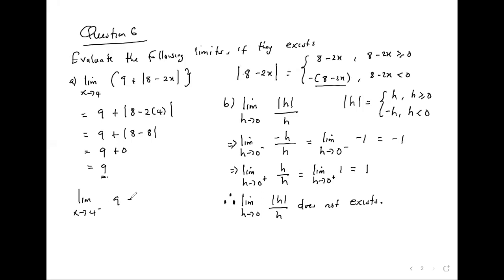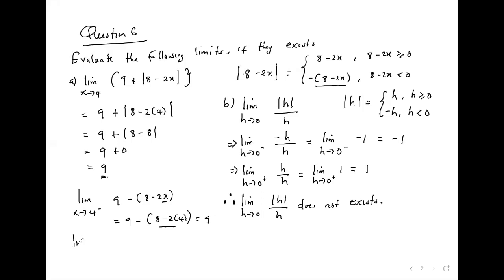So we say 8 minus 2x. Then you substitute 4 here. You would get 9 minus 8 minus 2 by 4. This is 0, so you just get 9.